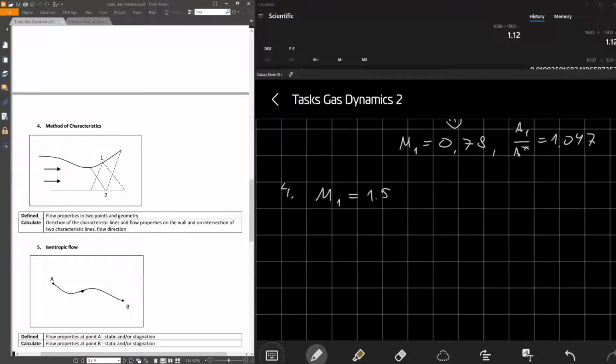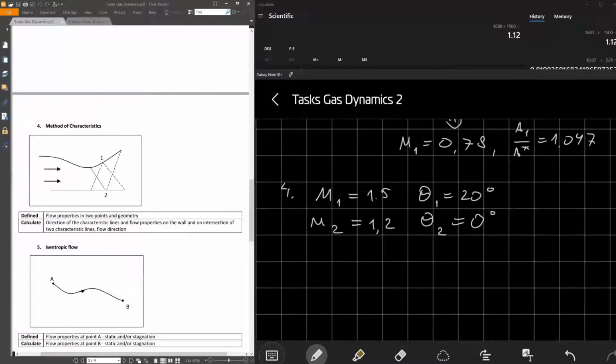Let's say theta 1 is 20 degrees, for example, and at point 2, Mach 2 is 1.2, and the direction of the flow is of course 0. On the axis, flow is parallel to the axis, so the flow direction has a 0 angle.